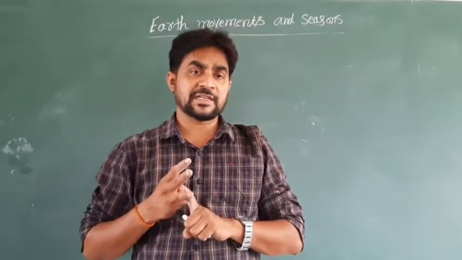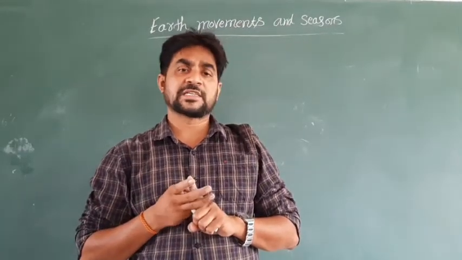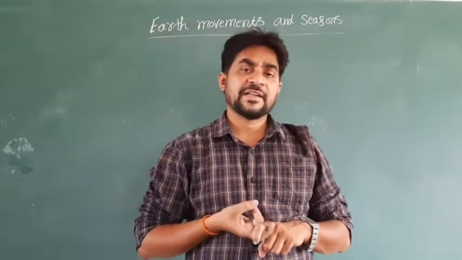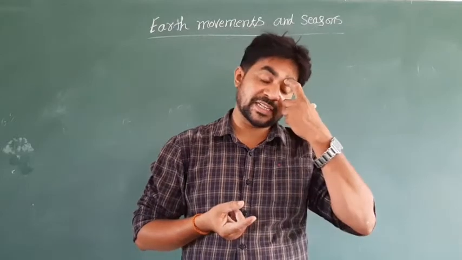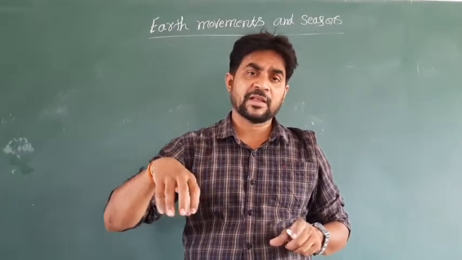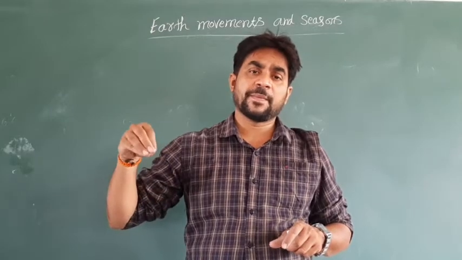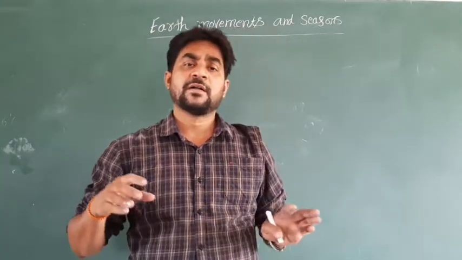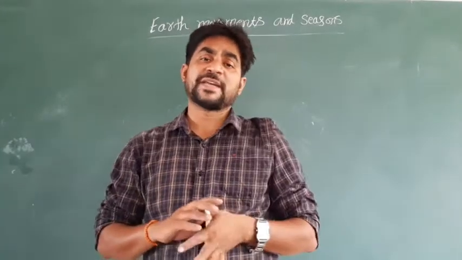There are 3 countries in the globe, Norway, Sweden and Finland. These 3 countries are called Scandinavian countries. In Norway, at midnight 12 o'clock, the sun appears. That's why it is called the land of midnight sun.